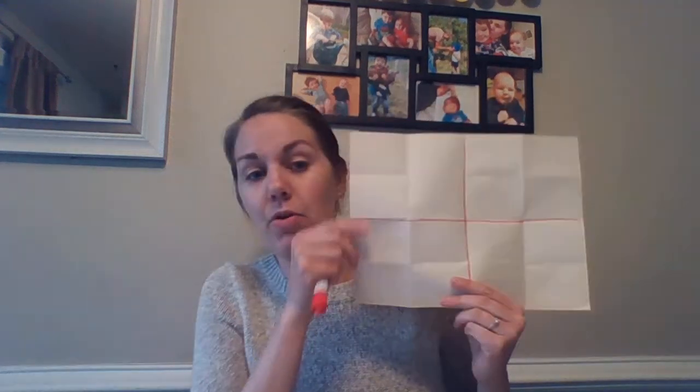I could do it the same way with columns. I could think of, I have 4 equal columns. If I colored in 1 column, I would also have 1/4 of the columns. You can also kind of see that there, I'm going to go ahead and draw it on here. If I were to think about my rectangle in what we would call quadrants, so 4 pieces, quad, like a quad bike, has 4 wheels.